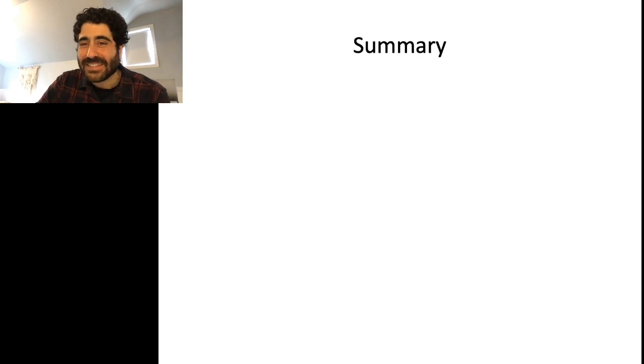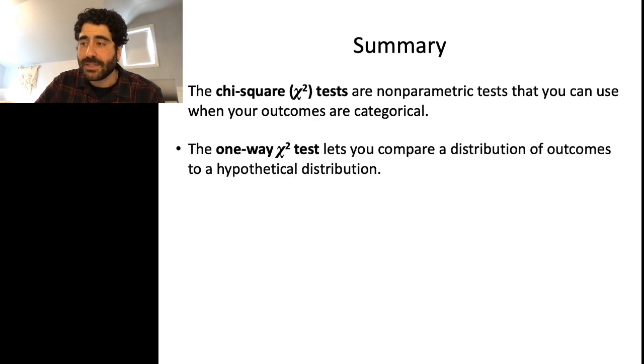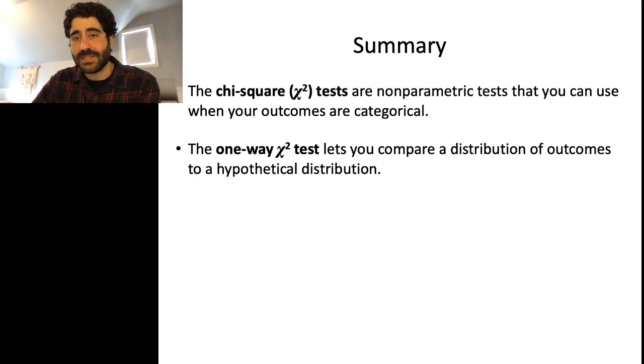So, in summary, we talked today about these chi-square tests, which are non-parametric tests that only require categorical data. They don't require us to do any math. All that we need to do is be able to count in our data set how many of different outcomes we got. The one-way chi-square test is for a single factor, and we can measure how many outcomes we got from that factor and whether it's consistent with some kind of null distribution.